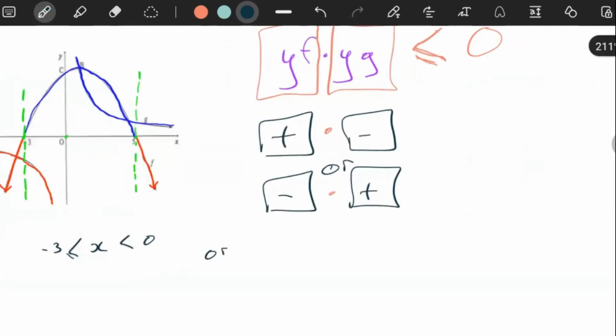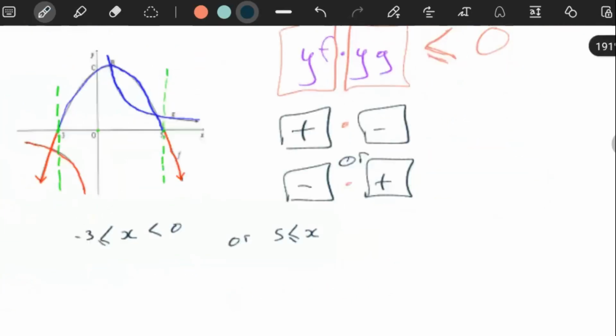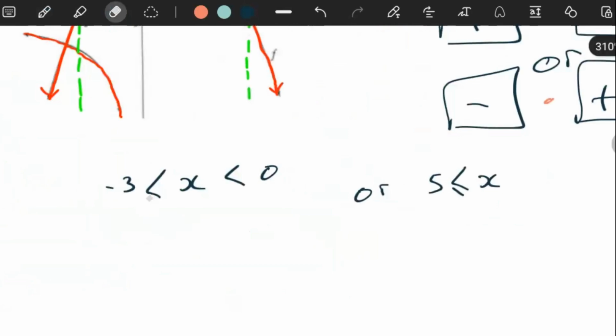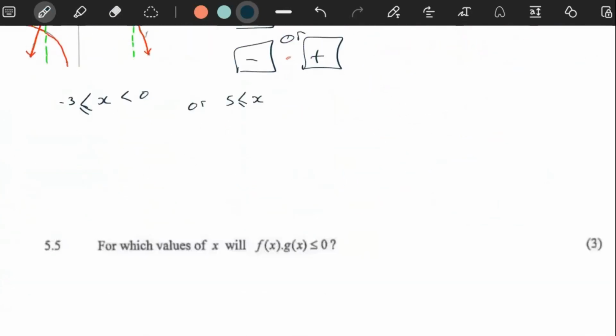Furthermore, the other portion that qualifies is from here, where x has to be bigger or equal to +5, because that goes all the way to positive infinity. So let me write this a bit better. There we go. So with all this being done, let us carry on with the rest of the paper.